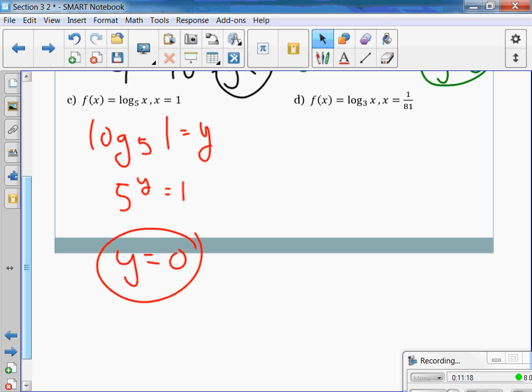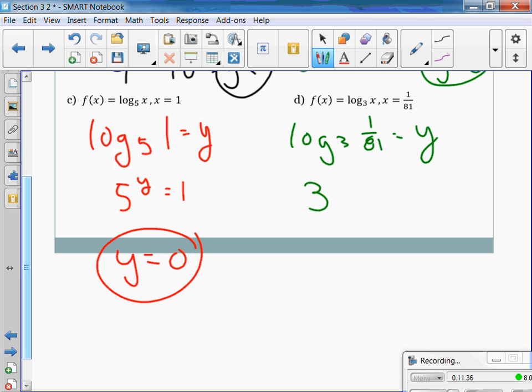And lastly, Dorian. We have log base 3 of x, where x is 1 over 81. If we write it in exponential form, as Dorian said, we get 3 to the y equals 1 over 81. But they don't have the same base.